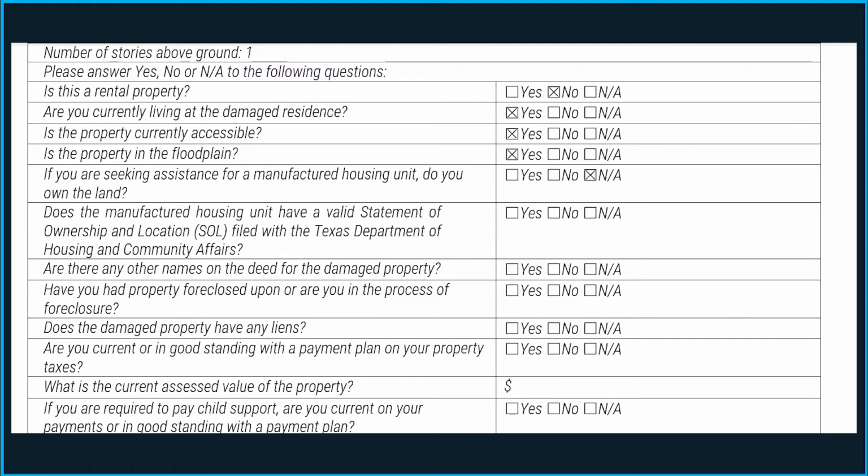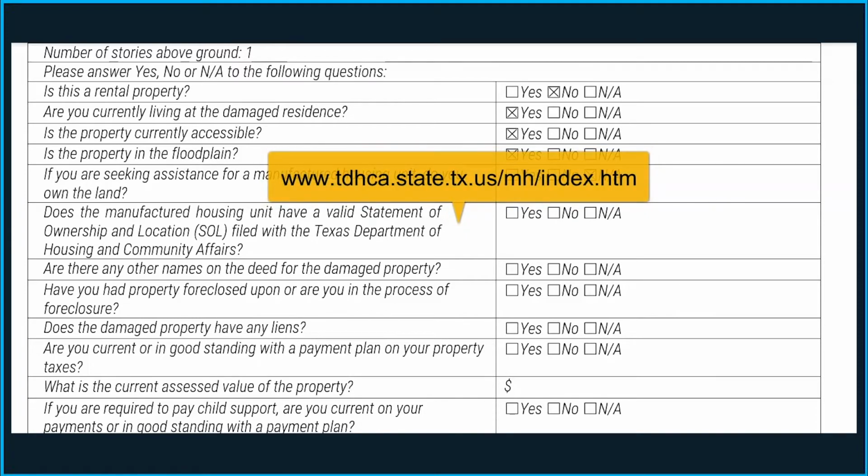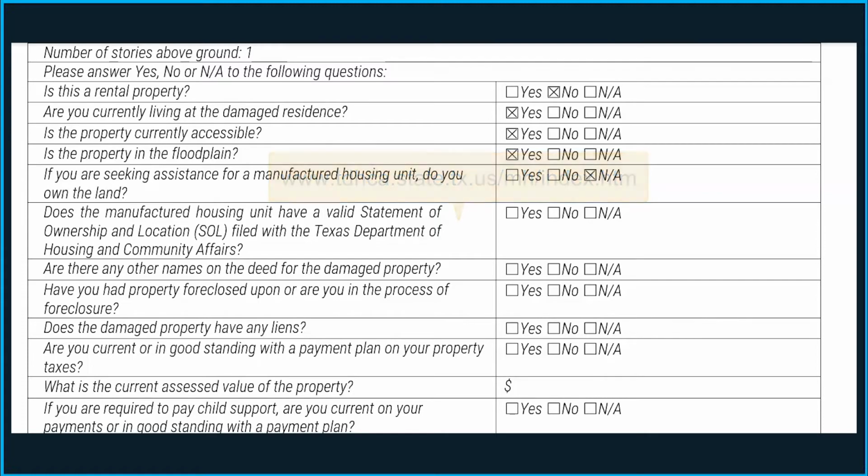Does the manufactured housing unit have a valid statement of ownership filed with the Texas Department of Housing and Community Affairs? Statements of ownership records can be found or filed at the Texas Department of Housing and Community Affairs Manufactured Housing Division website at www.tx.us/mh/index.htm.